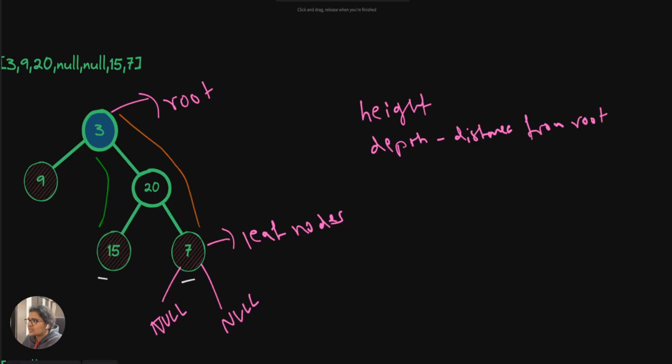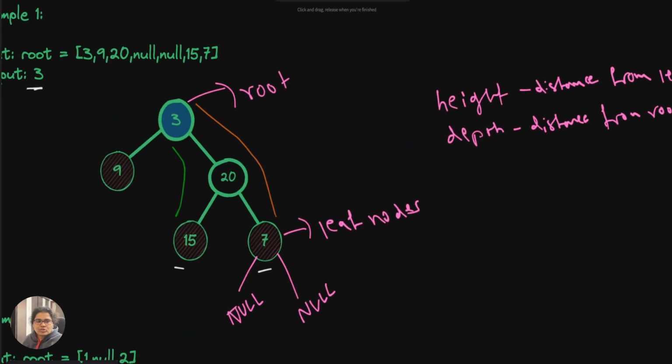Okay, height is how far it is from the leaf node, so the distance from the leaf node. Okay, and this depth and height can be measured in terms of number of nodes or number of edges. Number of edges is the most common one, but number of nodes is also used, and that is what we were asked in this question.